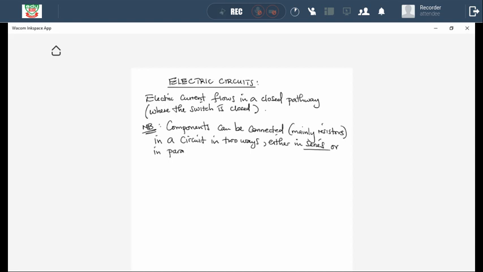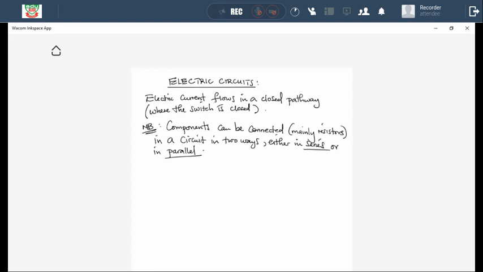So we have got two types of electric circuits, a series circuit and a parallel circuit. It all depends on the way the resistors are connected.